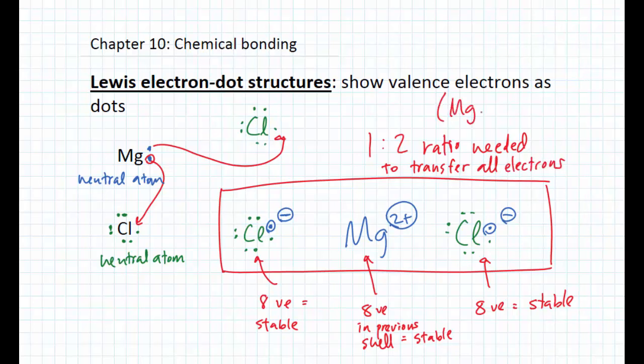That's why magnesium chloride is MgCl2, something that we already know how to do, but now we can actually sort of track where those electrons are going. If we started with just 3 of those neutral atoms, they would transfer electrons, and we would get that ionic compound. Okay? It's ionic because metals lose electrons, nonmetals gain electrons, so we end up with plus and minus ions. Okay? This is an ionic compound.